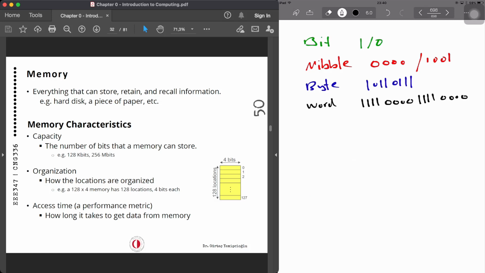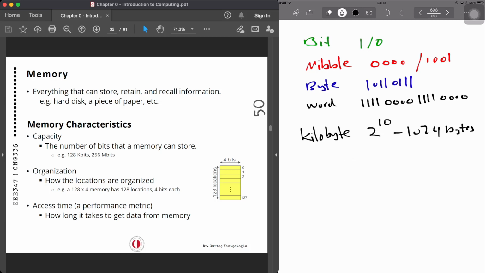So when we talk about memories, we talk about powers of 2. For example, a kilobyte. What is a kilobyte? A kilobyte is 2 to the power 10, which is known as 1024 bytes, or it's just 1K, which we generally use.